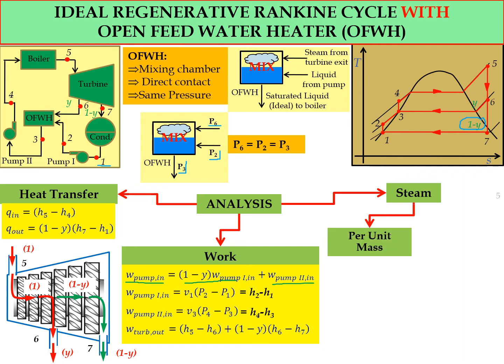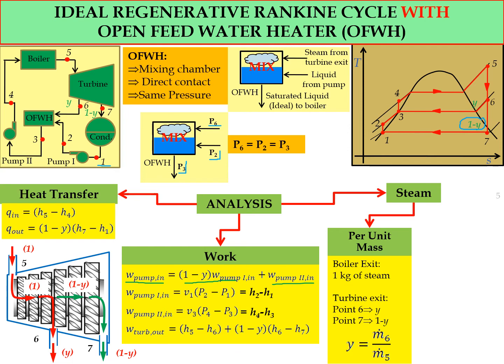So the rest of the mass is 1 minus Y%. From this analysis, we look into the steam mass per unit mass. Let's say we have a boiler exit of 1 kg of steam. From the boiler exit, we have 1 kg of steam, and then we have 2 exits at the turbine. One is at point 6, where Y% of mass goes out or bleeds out to feed the open feed water heater.